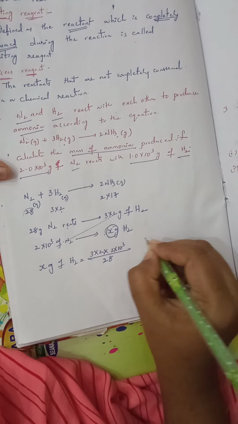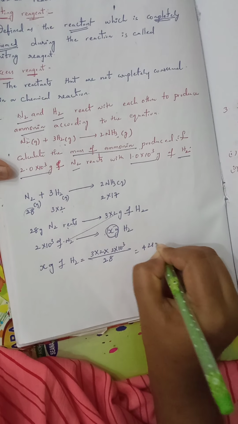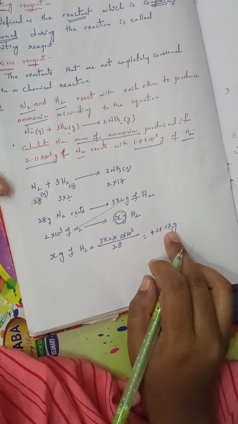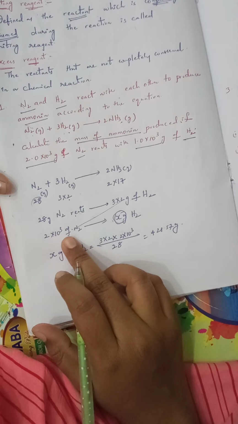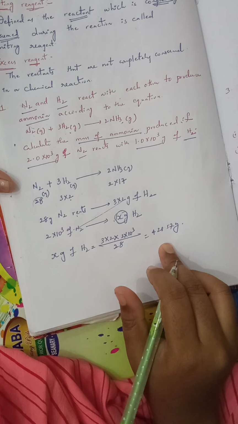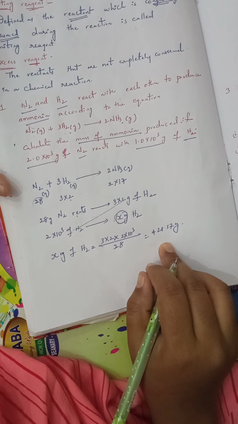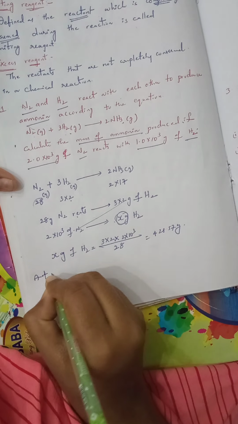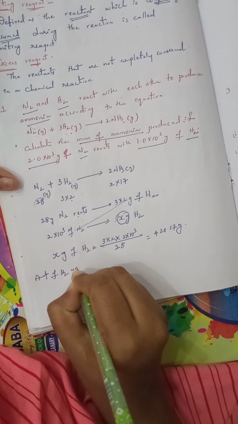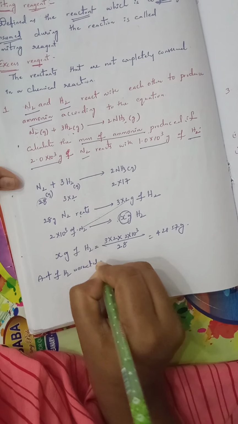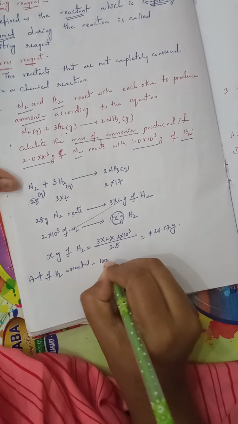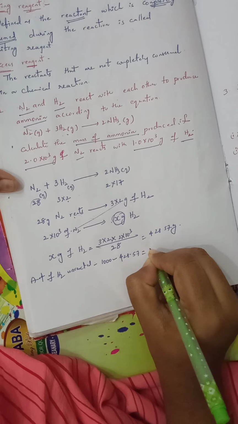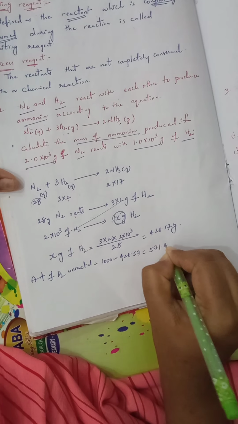By calculating all this, you will get 428.57 grams of H2. For reacting this much N2, we require this much H2. Clear? Then the amount of H2 unreacted: it is 1 kg, so 1000 minus 428.57 gives 571.428 grams.